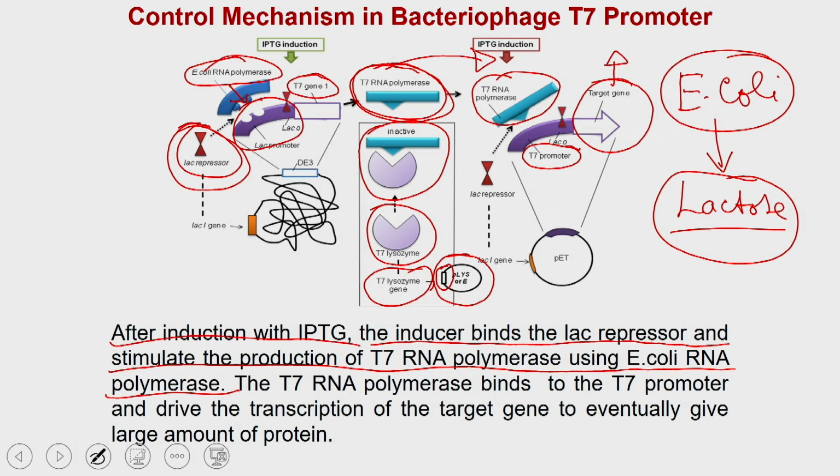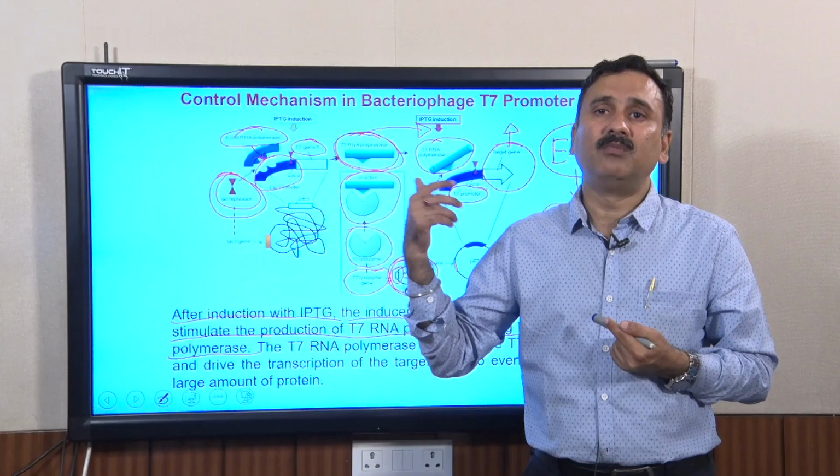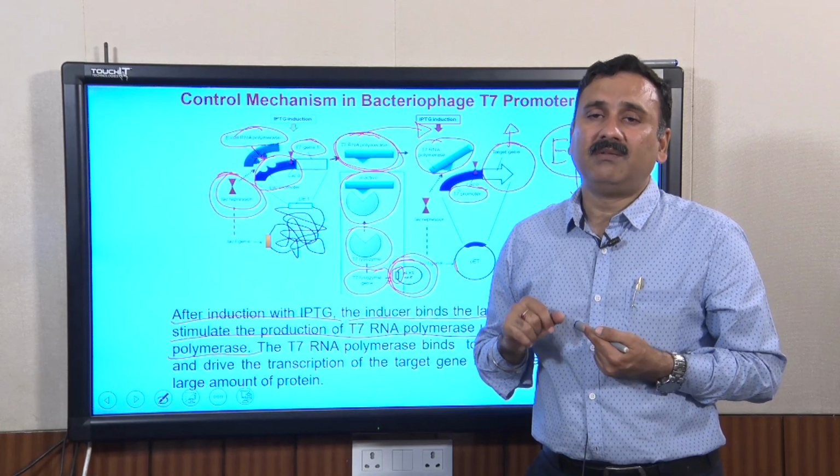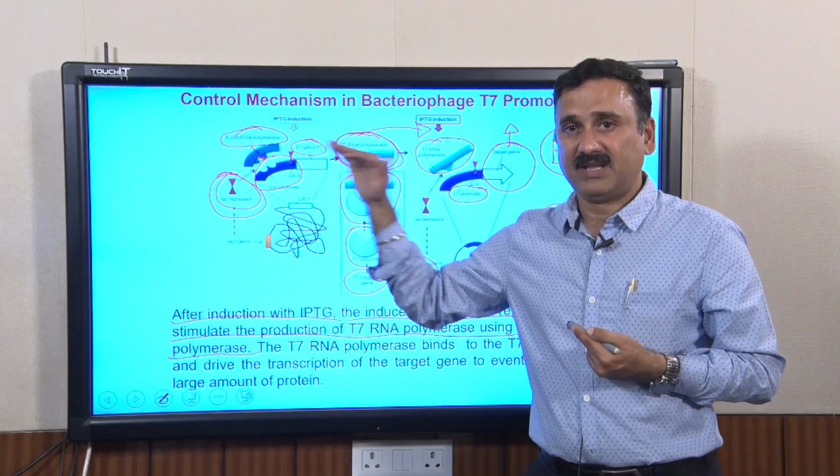So, in the presence of these two constructs which contain the T7 lysozyme gene, you kill the background expression, and that is how you can overexpress proteins which are toxic in nature in this T7 promoter system as well.